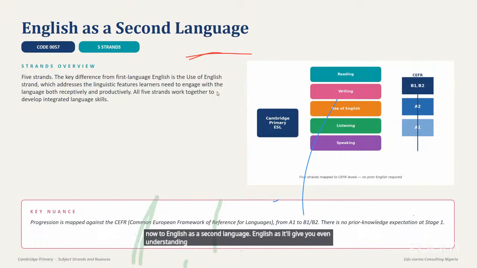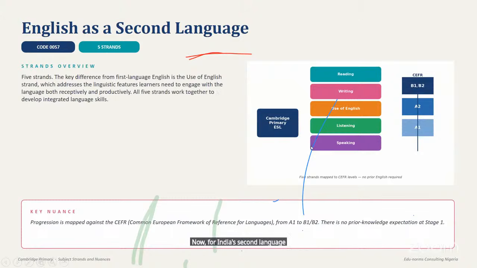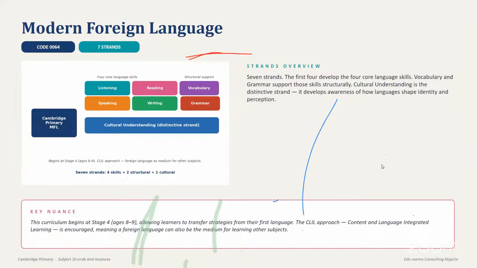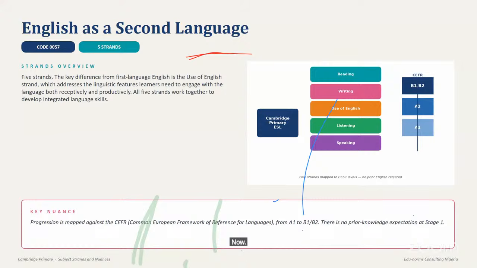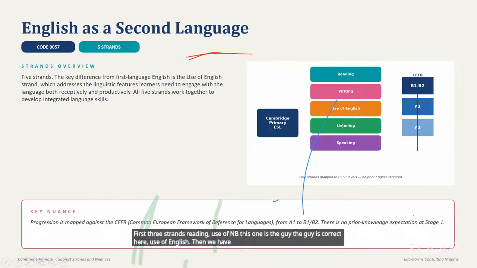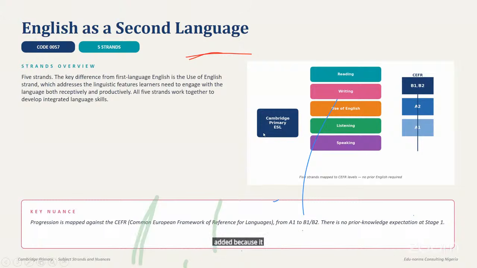Now, for English as a second language, we have the first three strands: reading, writing, use of English. Then we have two extra strands that are added because it is an ESL. ESL means English as a second language.